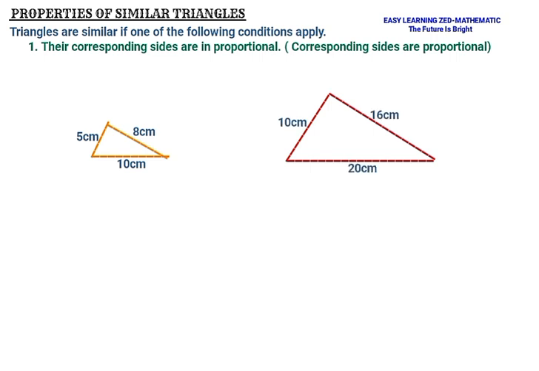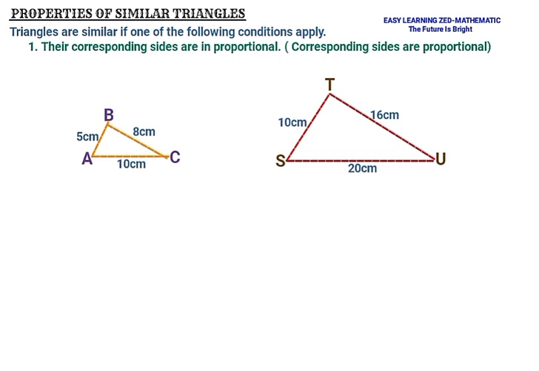So these are two triangles and these are the names of the corners of the triangles. Triangles can be similar if their corresponding sides are proportional.